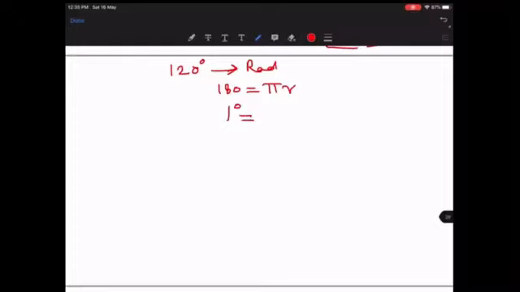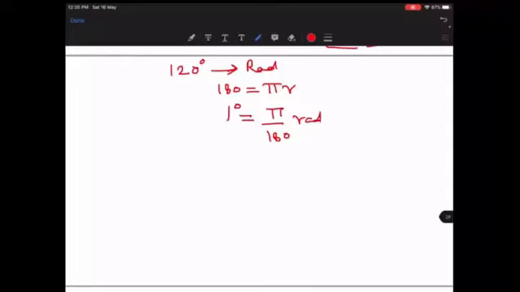Let us see how we can convert degrees into radians. As an example, let's say we want to convert 120 degrees into radians. I know the formula: 180 degrees is equal to pi radians. So I can write 1 degree is equal to pi upon 180 radians.